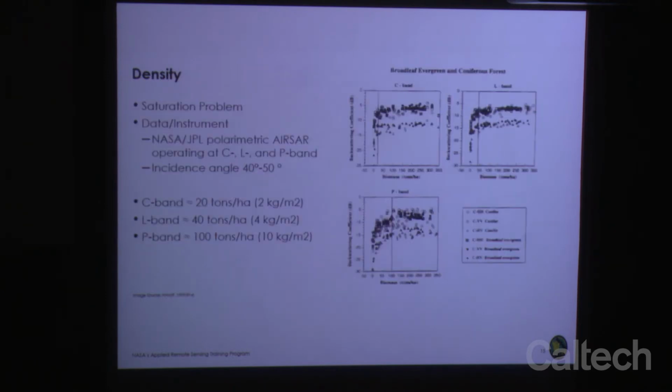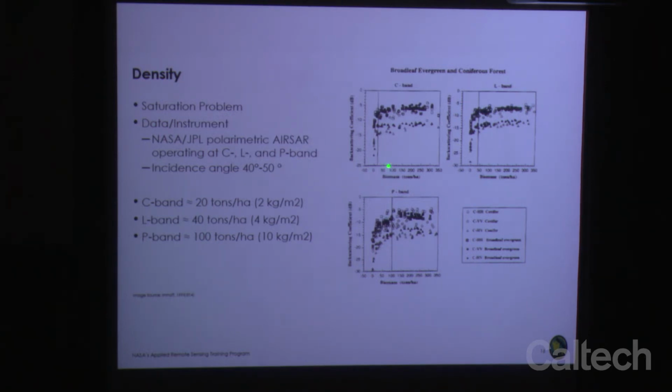And we can use that to examine, for example, the backscatter as a function of biomass. Here we're looking at 3 different frequencies: C-band, that's about 5 centimeters, L-band 23 centimeters, and P-band, the longer wavelength.